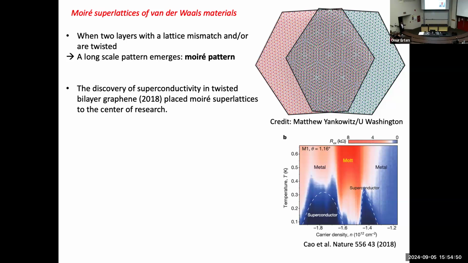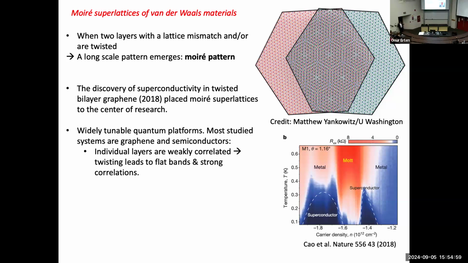And around it, you get superconducting domes, very similar to other strongly correlated materials. So most of these Moiré superlattices of van der Waals materials have now proven to be very powerful platforms for realizing very exotic physics.